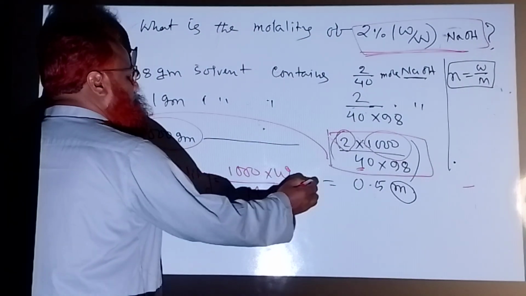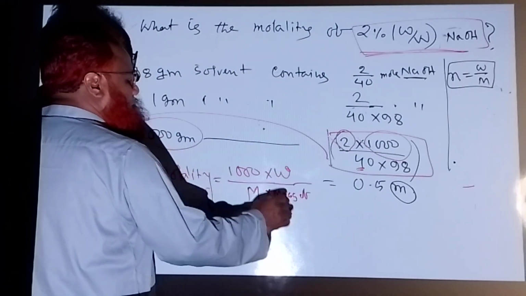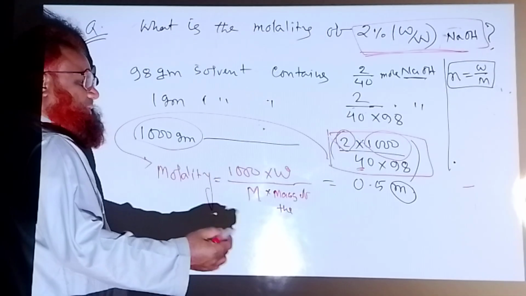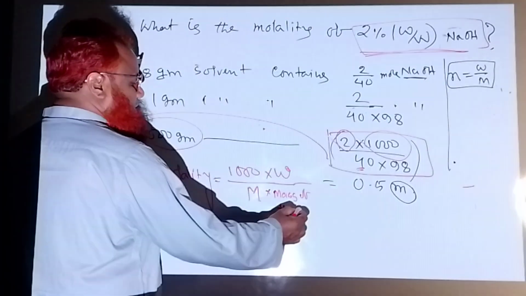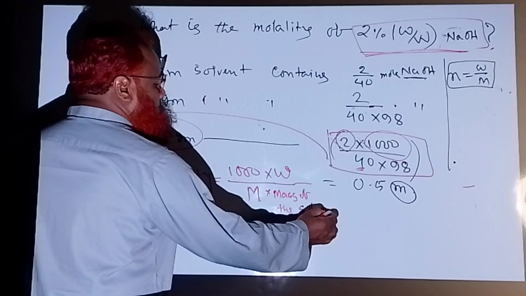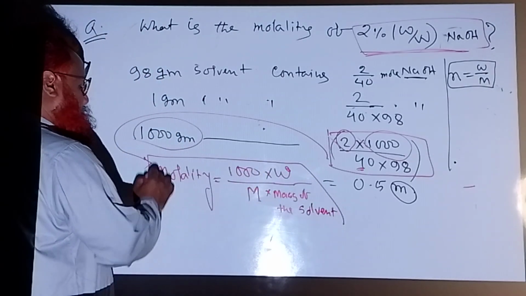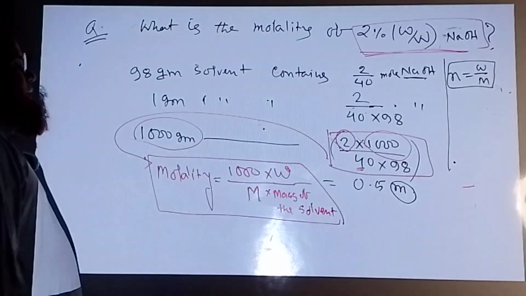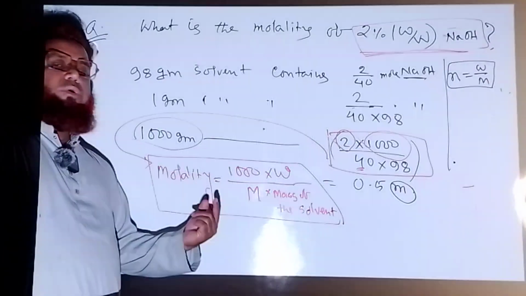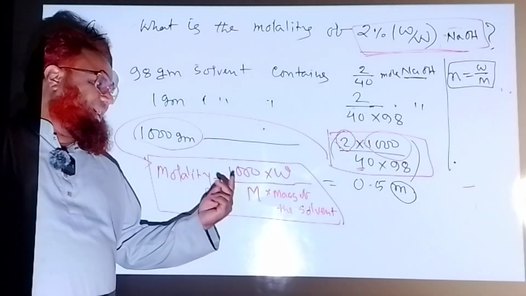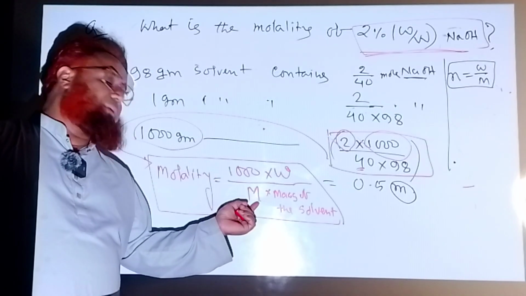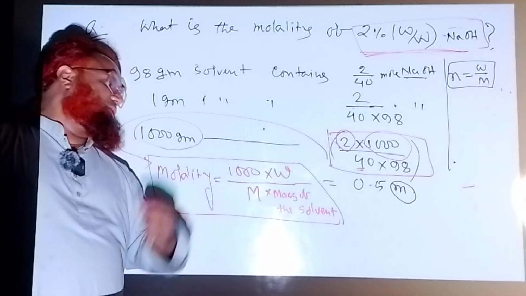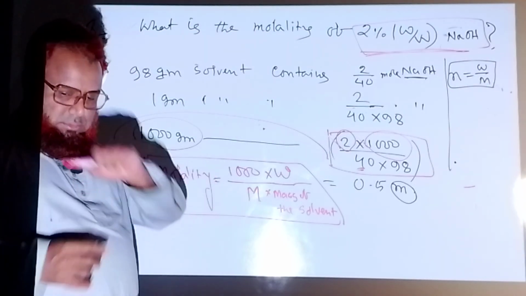You can symbolize the mass of the solvent by another symbol, V or XYZ, whatever, it's up to you. I am just making the formula of molality. So 1000 W divided by capital M, the molecular mass, and the mass of the solvent.